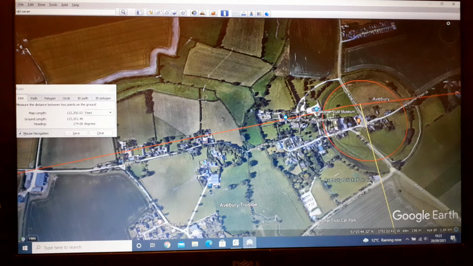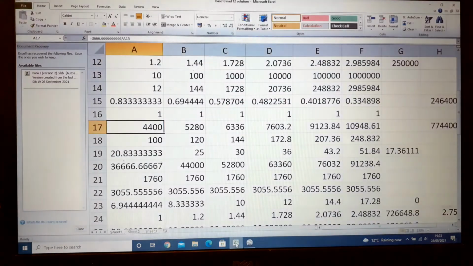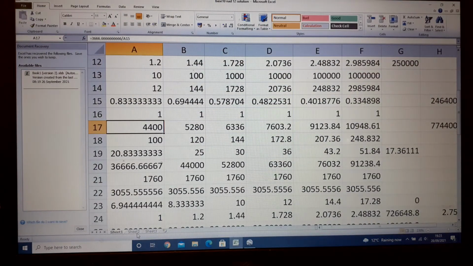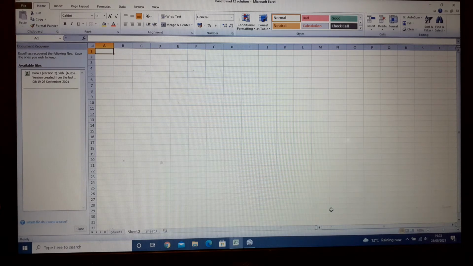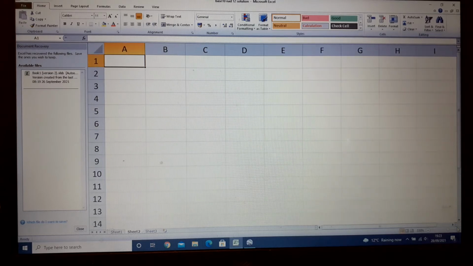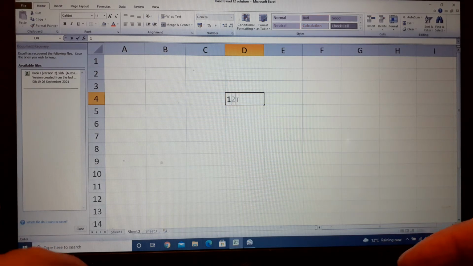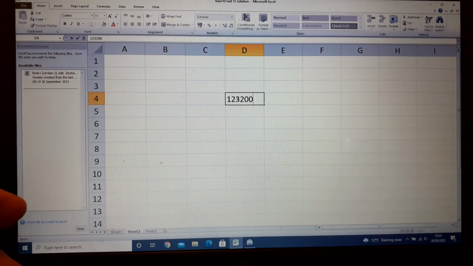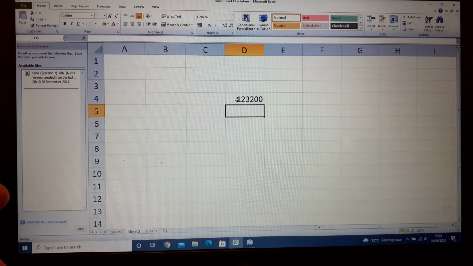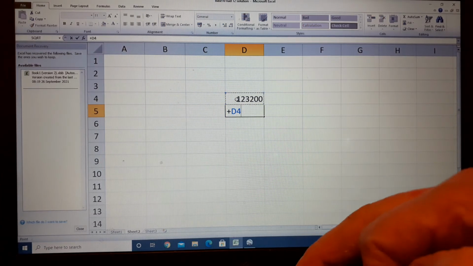So what's the mathematics of this? Let's have a look. Go onto an empty sheet, increase its size. You can see I'm not very well prepared for this, but we go 123,200 and multiply that by 2 because it's a radius.